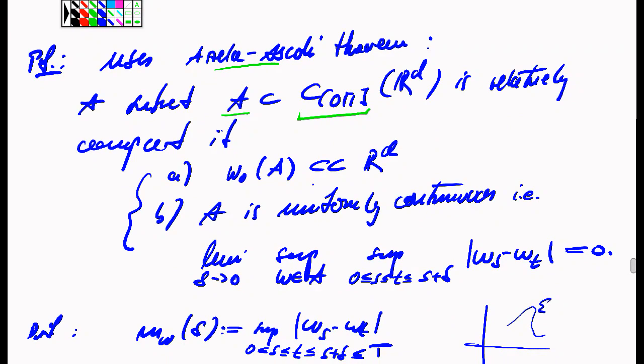Suppose you have a certain subset of continuous functions which take values in Euclidean space. Then this collection of trajectories is compact with respect to uniform convergence on the interval 0, t if the starting points of these trajectories are in a compact subset of R^d, and finally, if this collection of paths is uniformly continuous.